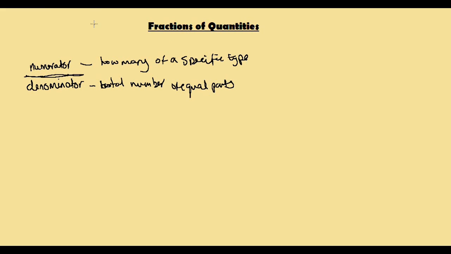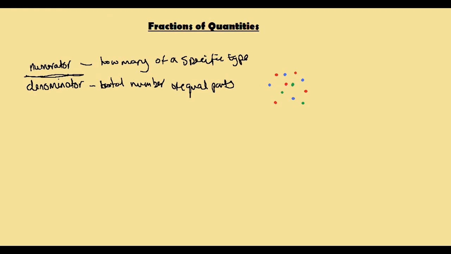Okay, so what does this mean? Well, it's much easier to put into an example. So what I'll do is just draw a series of dots in various different colours, and one last one.